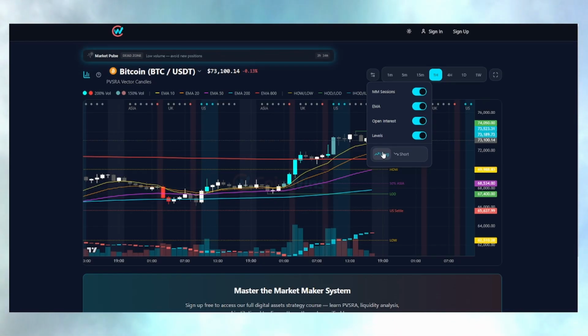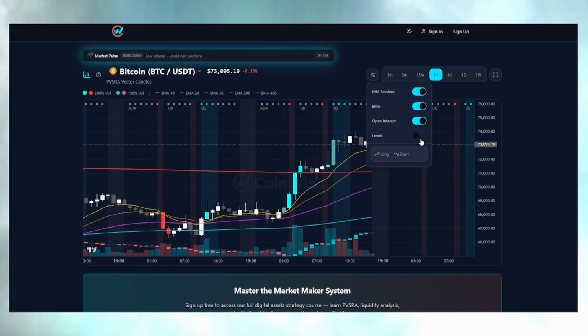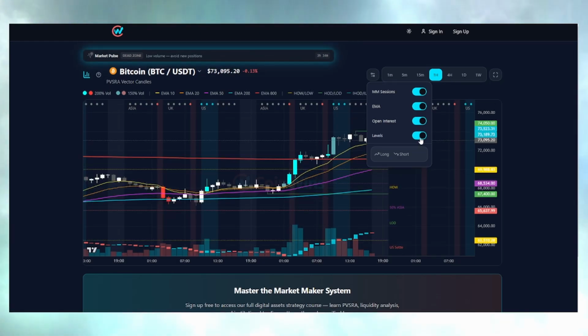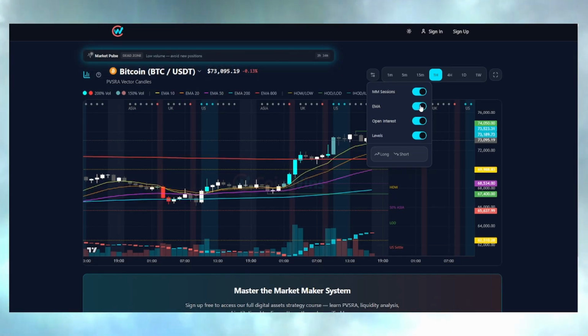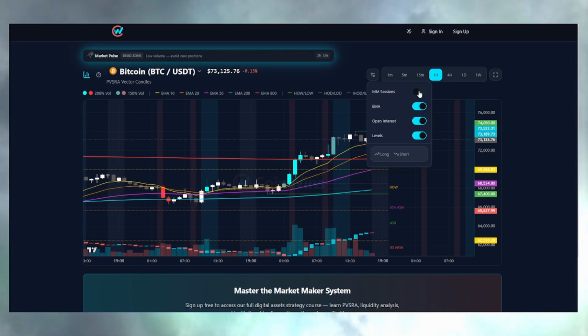There's room for error, yes, but we find specific levels. We use open interest to understand where there's leverage. We find levels to see exactly where price has gone in the past. We use these EMAs to find out where price is moving in a dynamic sense in terms of support and resistance. And of course, we do trade within the market maker sessions.